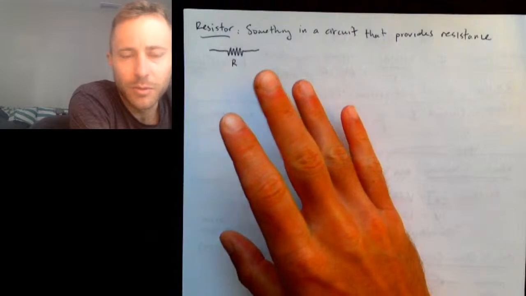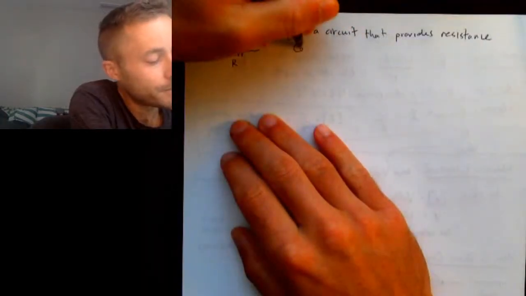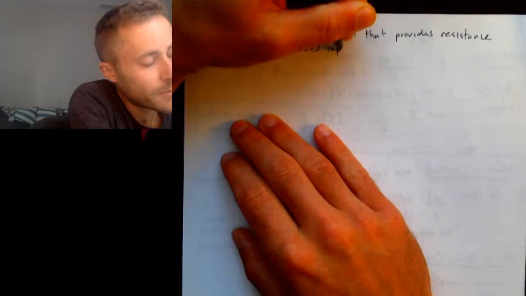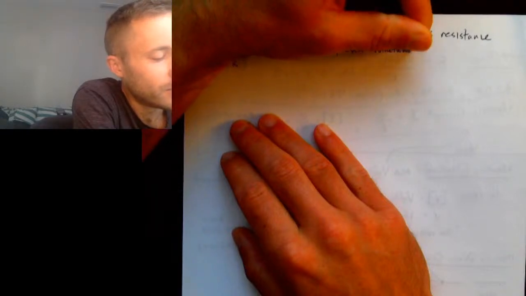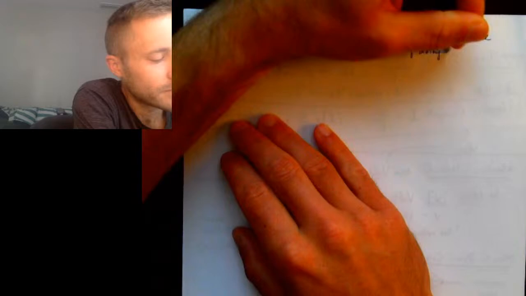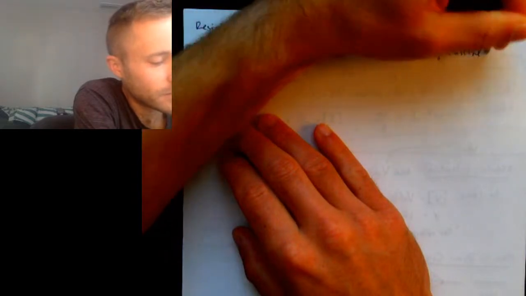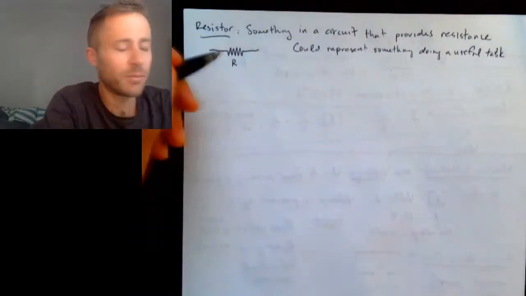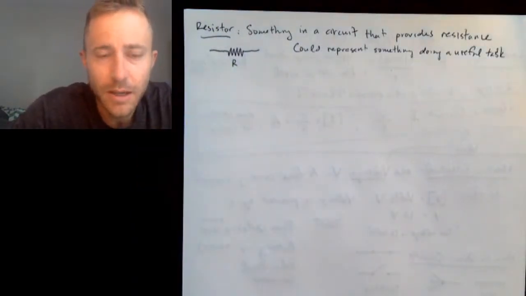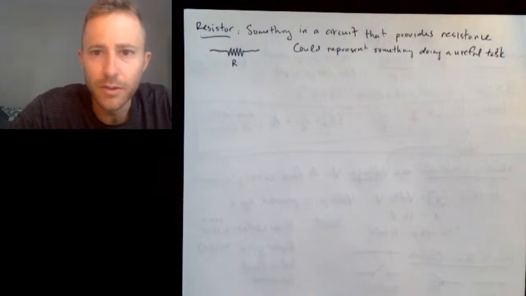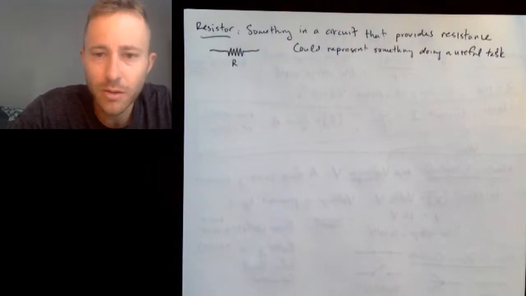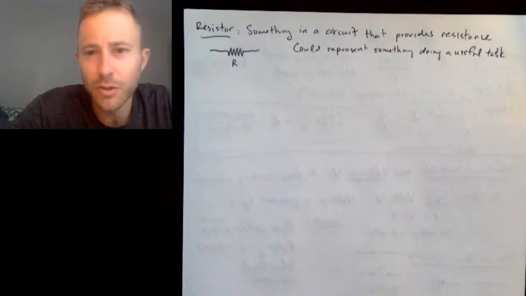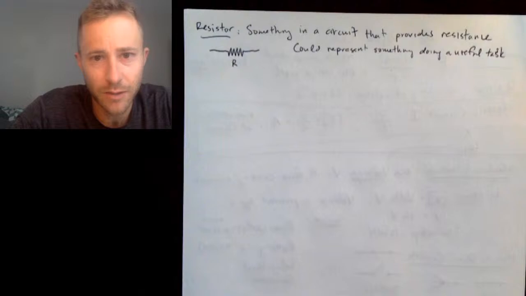Well, the resistor could represent something doing a useful task. For example, this resistor could represent an appliance in your house, an electric motor, or a light bulb. It can represent a number of different things, okay? So it could represent something doing a useful task.